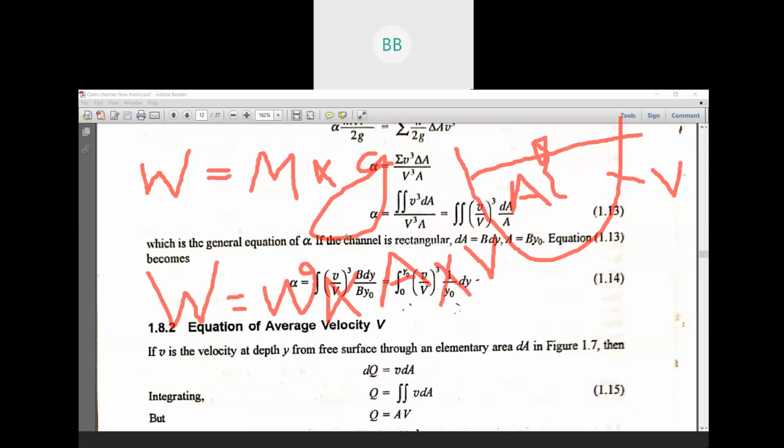Our aim is to find out mass. Mass is nothing but weight by gravity. From this equation you can say mass is weight by gravity, so if you divide this by acceleration due to gravity, you will get mass.